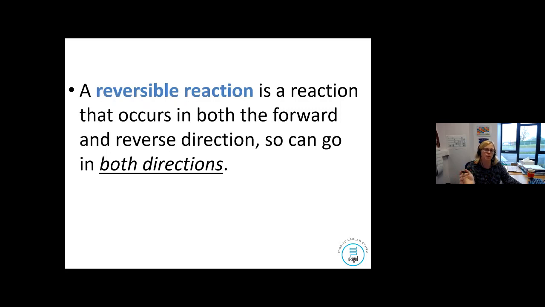Now, in most circumstances, if we've got two reagents, let's say A and B, we tend to write that they might make C or D or both. This is the crucial thing that I need to get clear for you this evening: for this class of reaction, we should not be using this symbol.